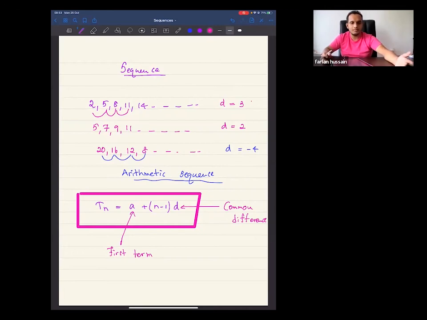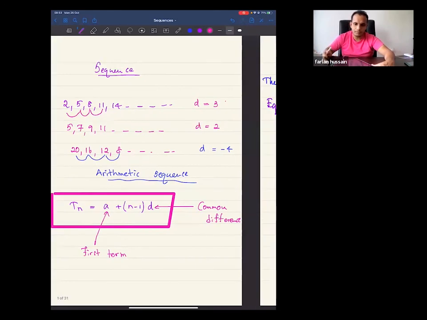If you want to find the 10th term, n becomes 10. If you want to find the 20th term, n becomes 20, and so on. So n is the term number. Okay.